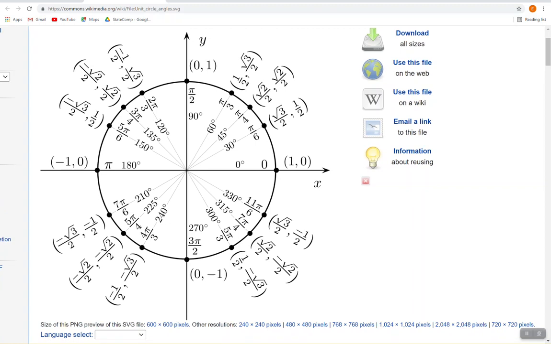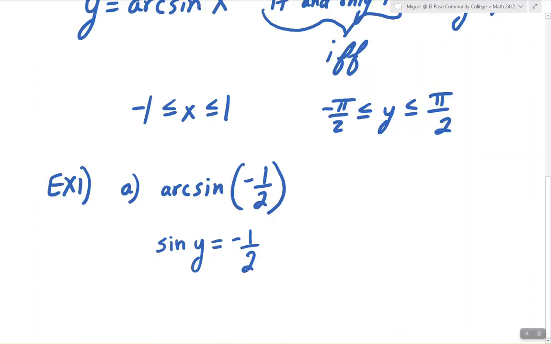So we want a y that gives me what value? -1/2. So let's start looking. -1/2 for the y, right? There's one here, and here. So this one is sine of 7π/6. This one is sine of 11π/6. Which one is it? Which one is the answer?